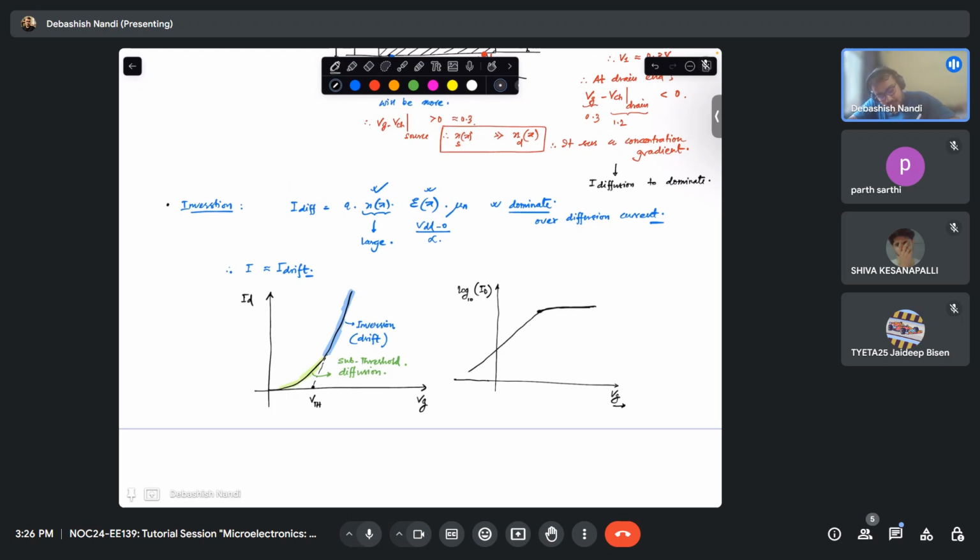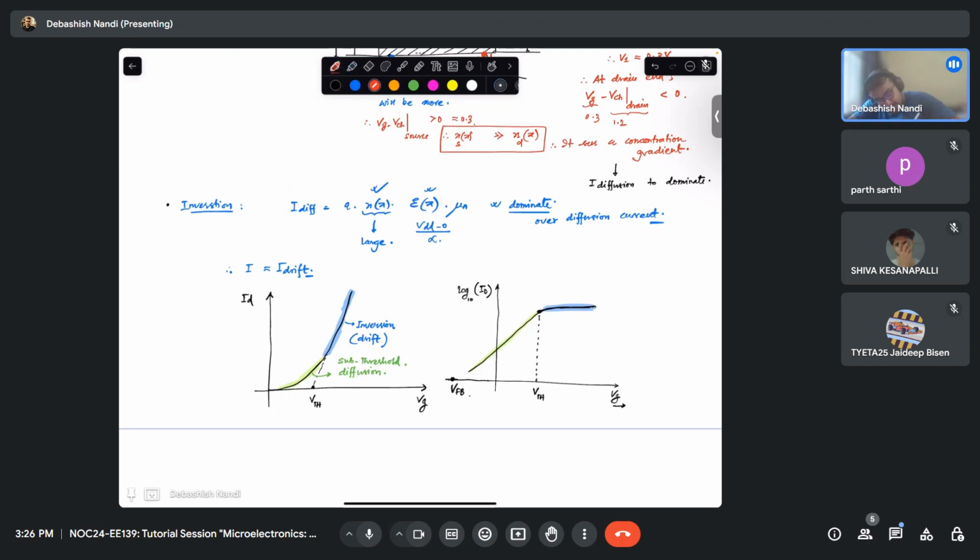So around this point, you will have your VTH. Somewhere here, you will have your VFB. So this is basically your subthreshold region, and this is your inversion region.